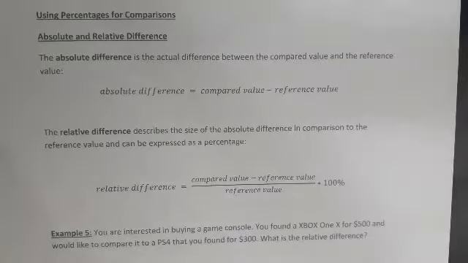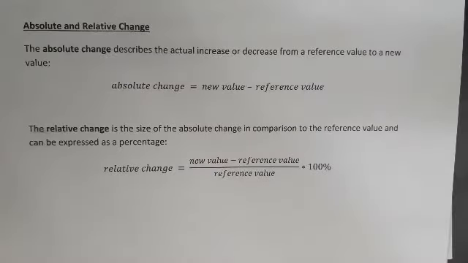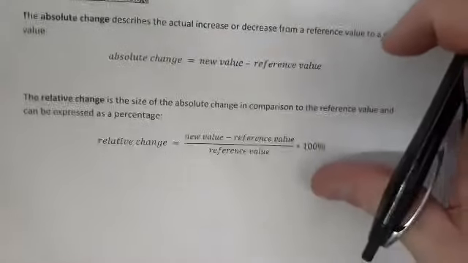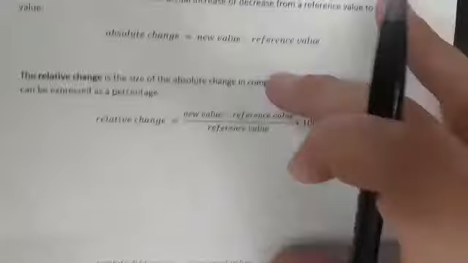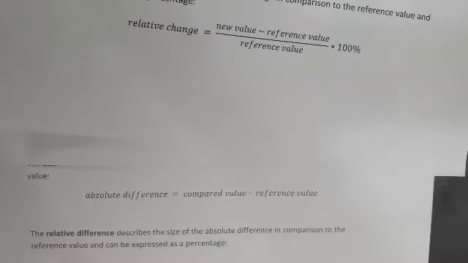So in all the previous problems, where is it? There it is. Ooh, dropping my calculator. You might notice this looks like new minus reference, and this looks like compared minus reference. So instead of comparing something from 2017 to 2018, something new minus something old, we're just going to have two things that we compare. They could come out at the same time, they could not.